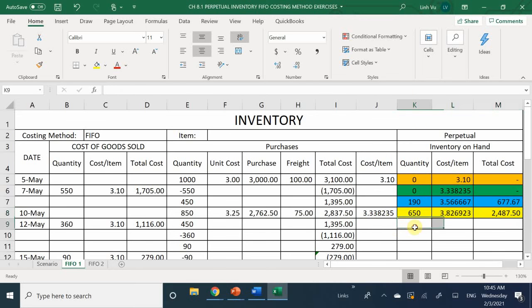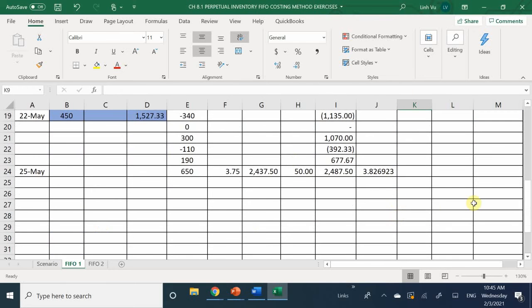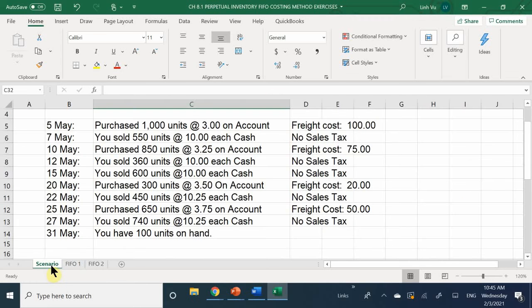Okay, so now I have these batches here, and my calculation was done here. Let's see what else happened here on May 27th. What happened on May 27th? We sold another 740 units at $10.25 each.